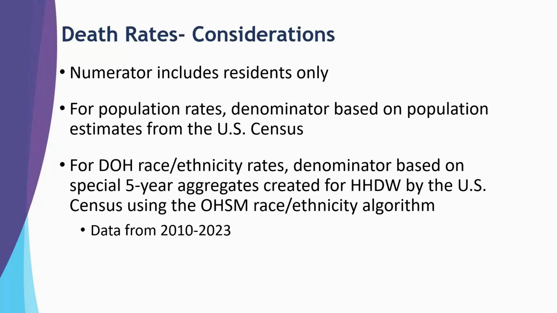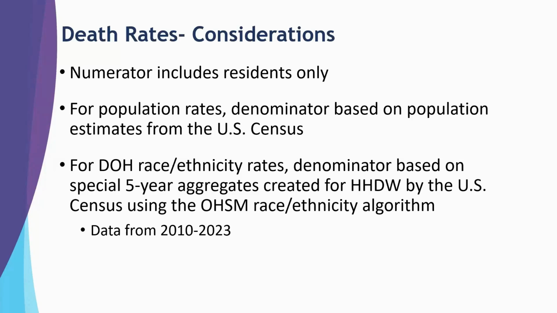And here we can see the difference between population rates and population rates by DOH race ethnicity. So for population rates, the denominator is based on population estimates from the US Census. And these include estimates for the population by age and sex. But as we all know, with our diverse population here, the census race ethnicity classifications aren't always very helpful.